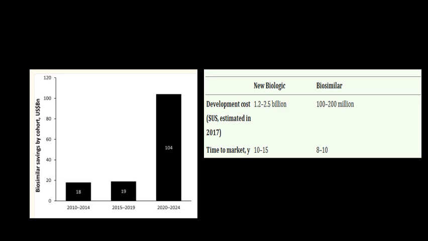Just by encouraging or involving in the development of biosimilars, the United States is able to save $18 billion from 2010 to 2014 and $19 billion from 2015 to 2019 and $104 billion from 2020 to 24. This is clearly telling the increase in the rate of manufacturing of biosimilars for the past 3 to 4 years.